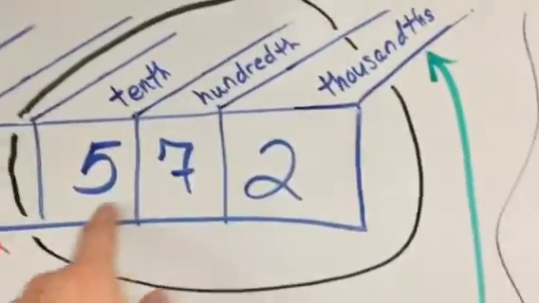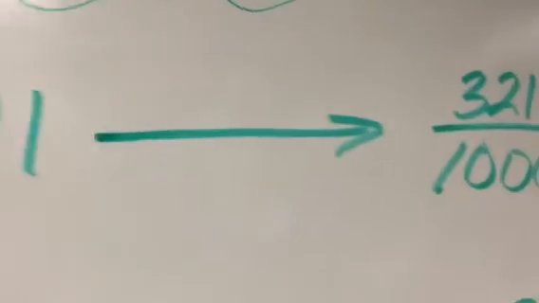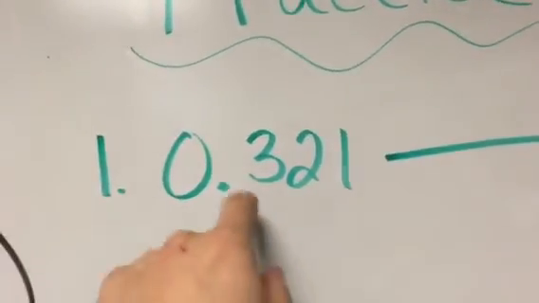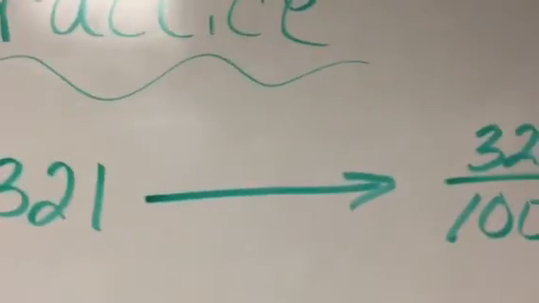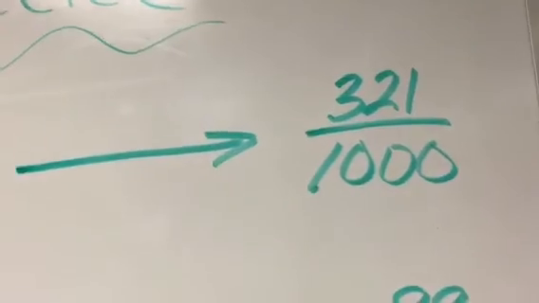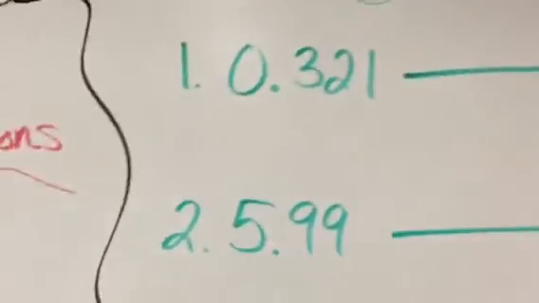And again, I could look back at my first chart over here, and the third digit is in the thousandths. So I know my denominator is going to be thousandths. I take everything after the decimal point, 321, and I put it over the place value, which is the thousandths. So 321 thousandths.